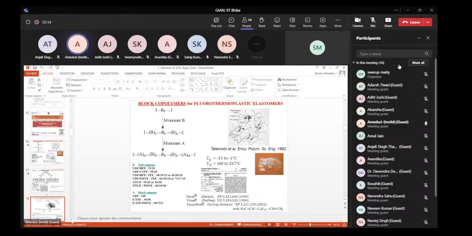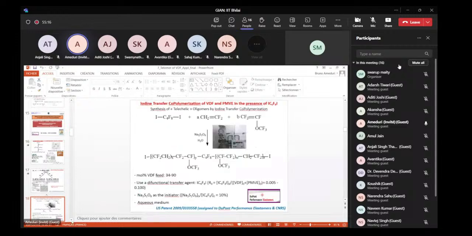So in this case we had a nice collaboration with DuPont Performance Elastomers in order to do some ITP of VDF and PMVE in water. It was nicely challenging, initiated by persulfate, and to make these new products containing VDF, HFP, and also the C4F8 was very interesting as a label in NMR.